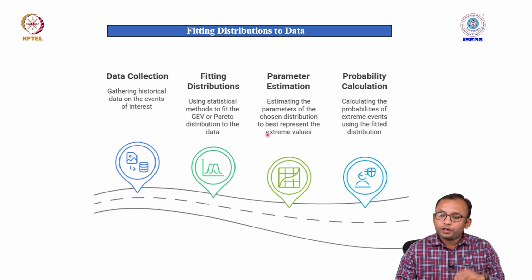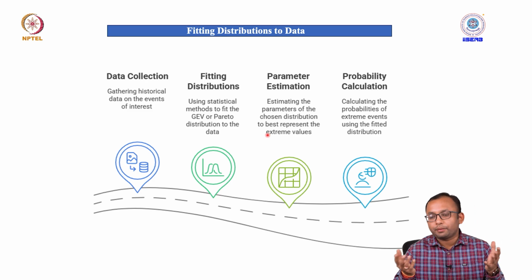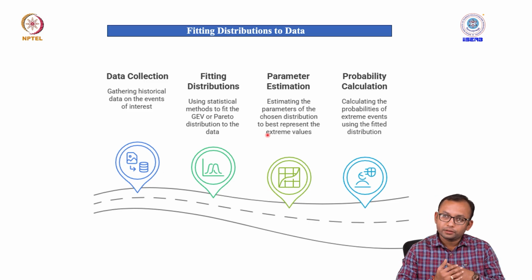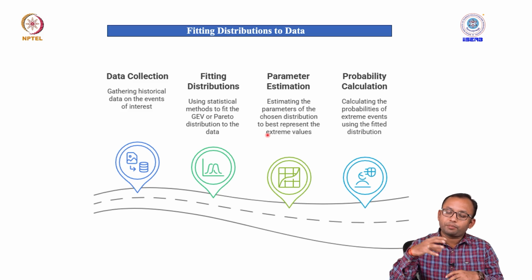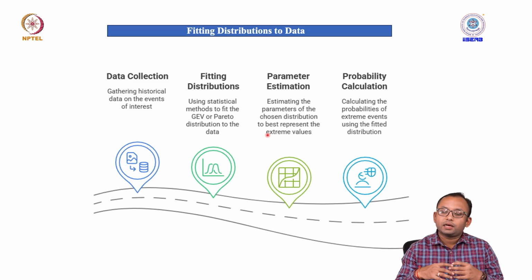So, when you talk about distributions, it is essentially a mathematical function, and this mathematical function has some parameters. Suppose you have data, whether it originated from observed data, satellite data, reanalysis data, or climate projections. We gather those historical or future climate data sets and try to fit a mathematical expression, which is a probability distribution function.